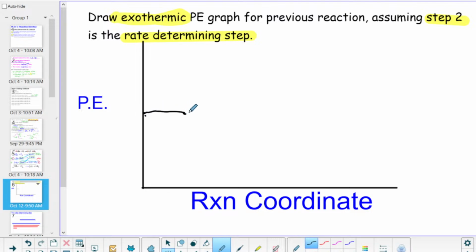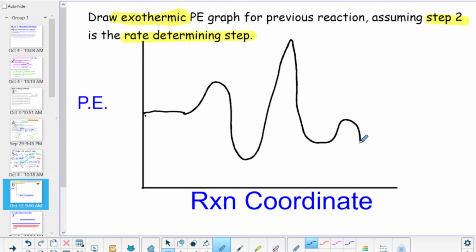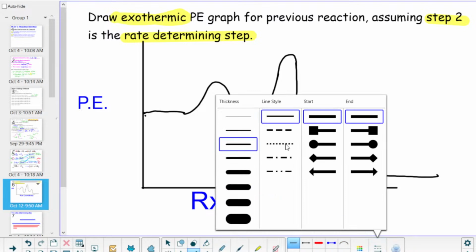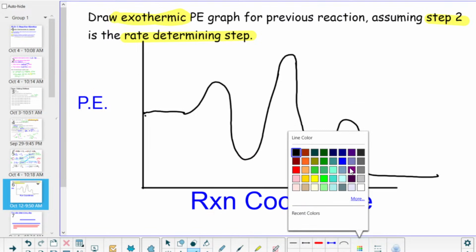And then I'm going to make mine like this, and then this. And that looks like a really weird peak. If I was to do the color like this.